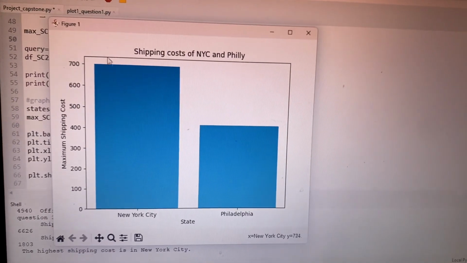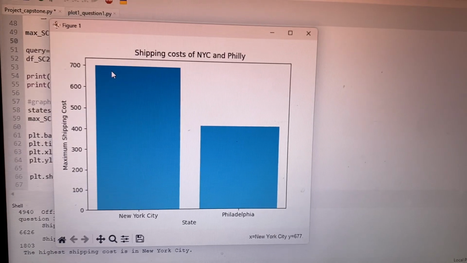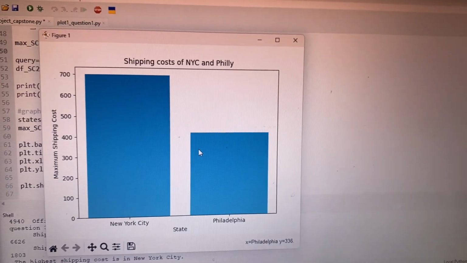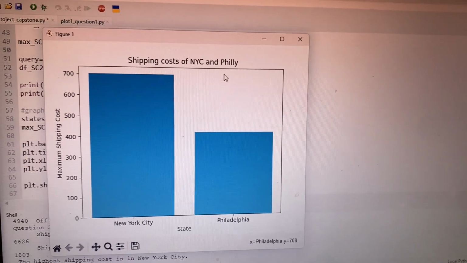So the shipping cost in New York, this is like visually, it's obviously higher than Philadelphia, which is in the 400s, and this is in the 700s.